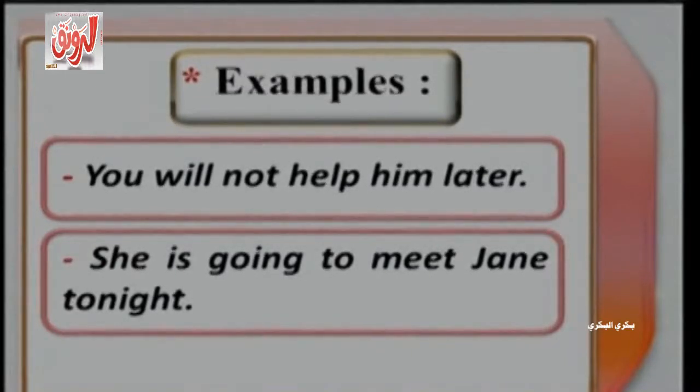After going to, you need an infinitive, meet. They are going to meet Jane tonight. I am going to meet Jane tonight. Very, very important to have an infinitive after to. So the action is expected to take place in the future. It's not happening now, but it will take place in the future.